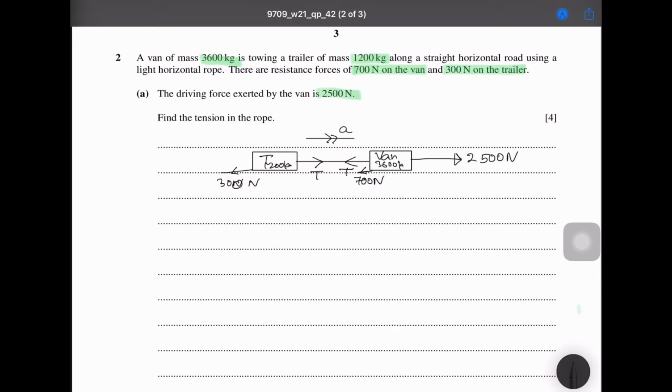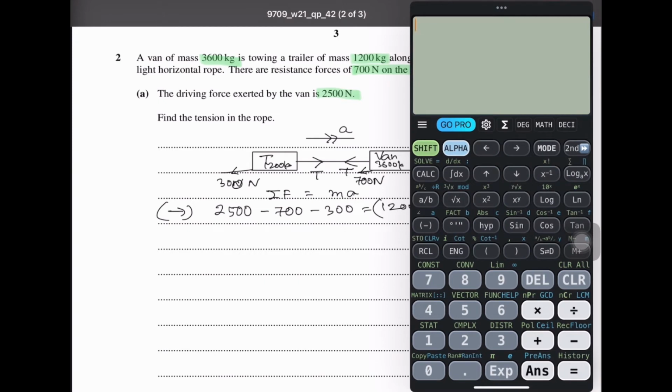Using the whole system as one unit, we can write 2500 minus 700 minus 300 equals mass times acceleration. 3600 plus 1200 times acceleration. I'm resolving these things in this. We know that the sum of forces equals total force equals mass times acceleration. Now let me simplify to find out the acceleration.